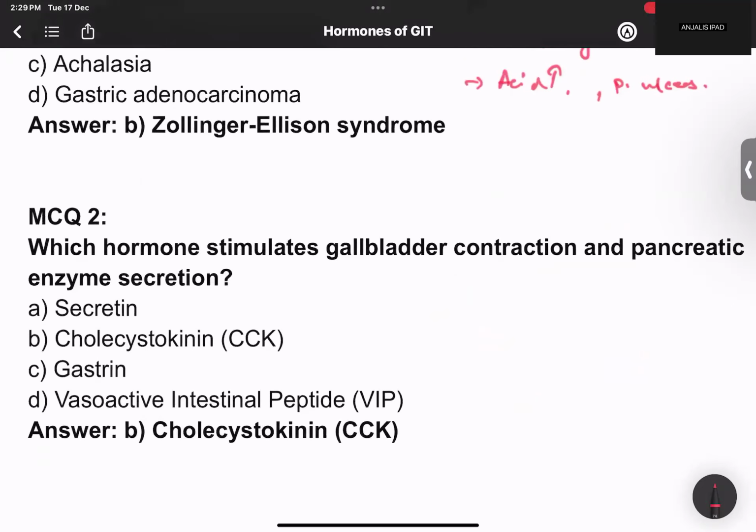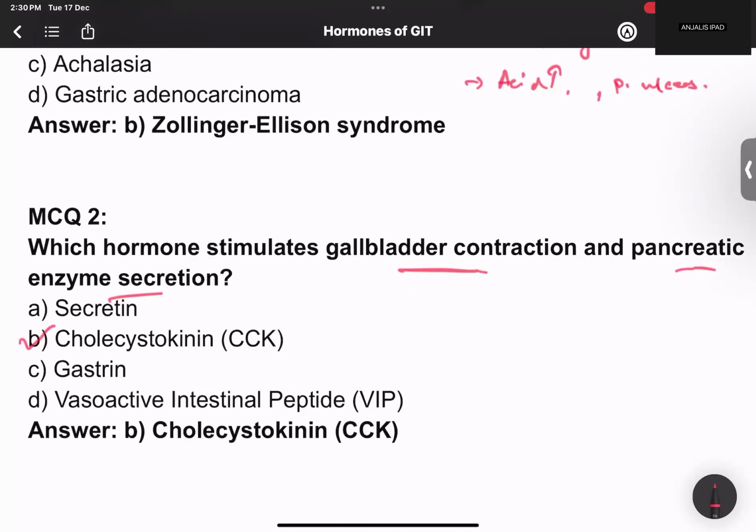Which hormone stimulates gallbladder contraction and pancreatic enzyme secretion? We have four options: secretin, cholecystokinin, gastrin, and vasoactive intestinal peptide. The answer is cholecystokinin. Why cholecystokinin?